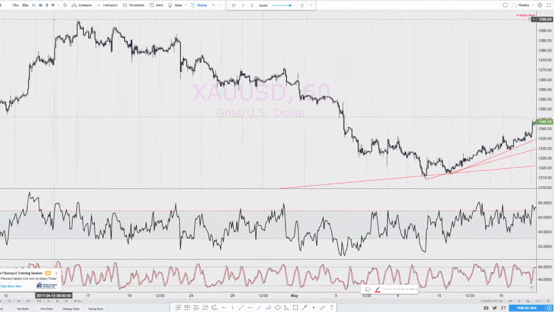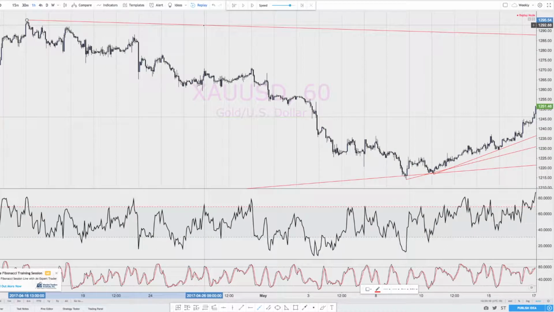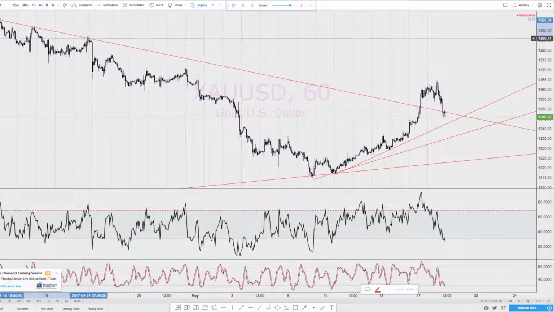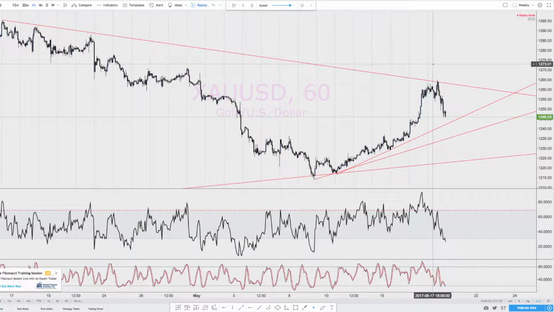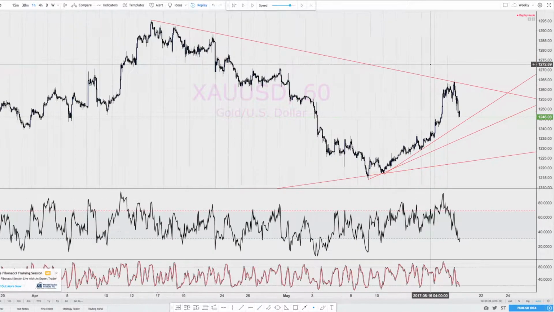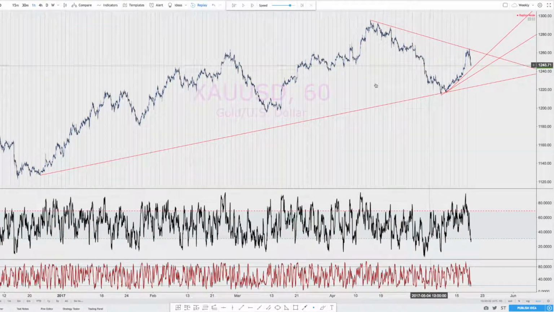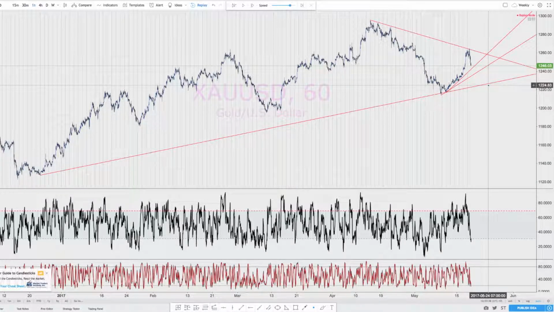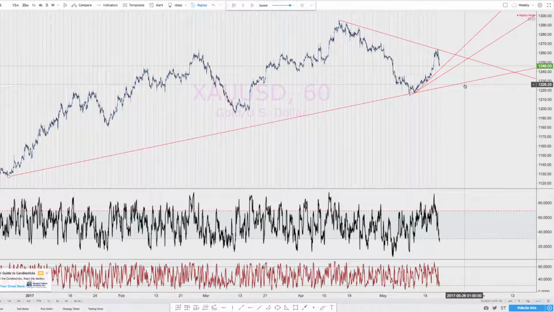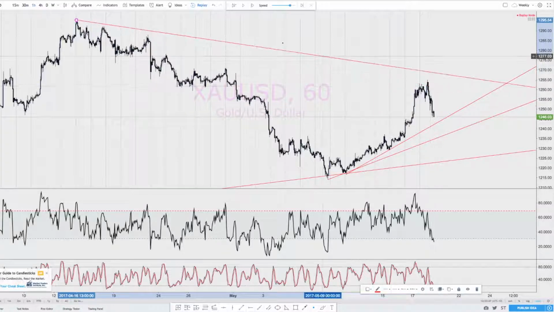So I come up here to the high, take the top of the wick, and let's see. Okay, and we'll come here like that, and we'll go with that. So this is what my trend lines look like, trying to identify trend. We have a big bullish trend on the H1 chart. Then we have, let me move this a little bit more, just so I get more taps here.